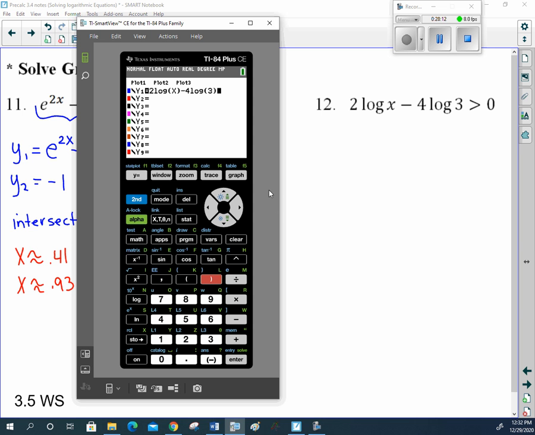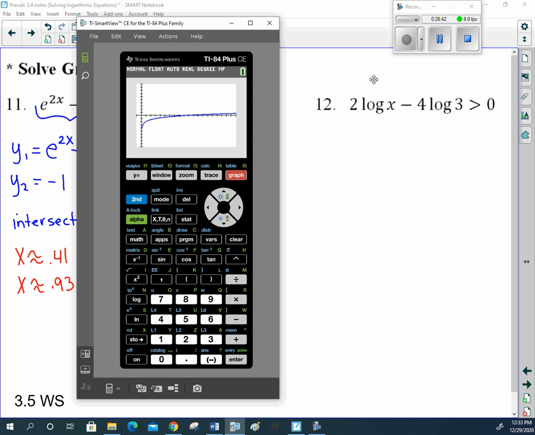Okay, now I can just type this one in and do zeros if I wanted. But since it's saying greater than 0, I think I'm just going to type this in and hit graph. So what we're looking for, I'm going to change my window now because I don't need all this stuff at -10. I'm going to go -1, and then I'm going to make my y max go to 20.